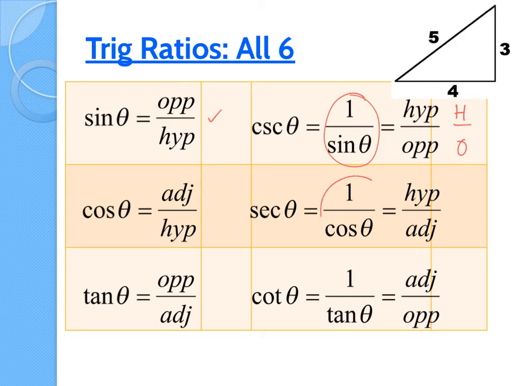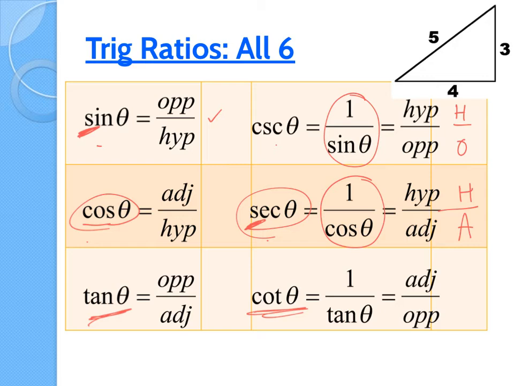Secant is the reciprocal of cosine. Now, I see that sine starts with S and secant starts with S, and it would be really nice if they went together as inverses, but they're not. So cosine goes with secant. C with S, S with C. Don't mix those up. Secant is the hypotenuse over the adjacent. And then nicely, cotangent does go with tangent. It's the reciprocal, and it's A over O.